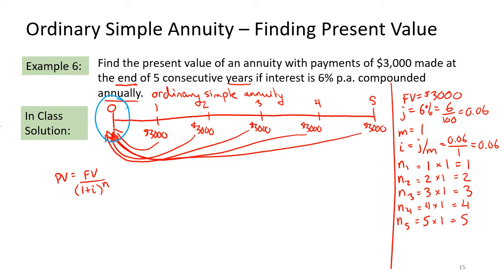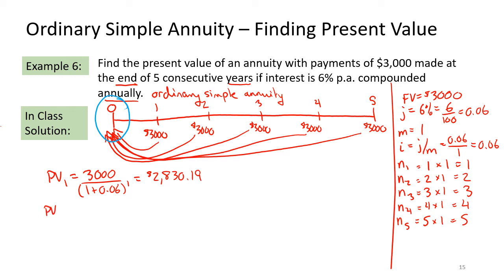Substituting all of these values in, I'm just going to erase our formula. So we have present value calculations 5 times. The present value for item 1 is 3,000 divided by 1 plus 0.06 to the exponent 1, and that gives $2,830.19.